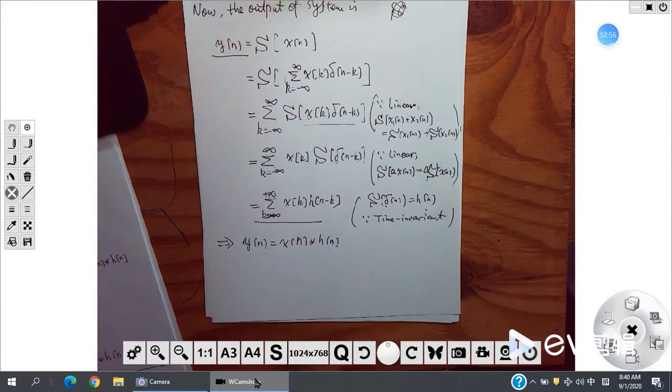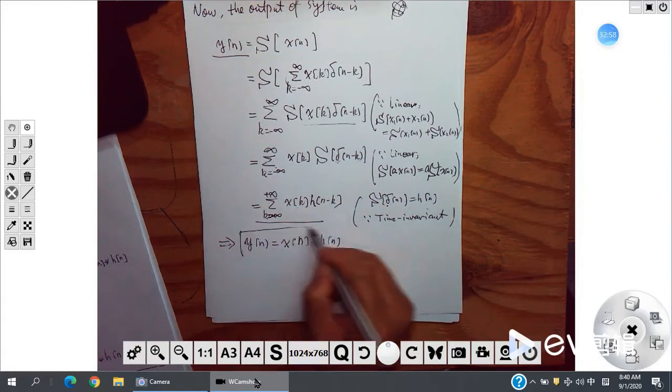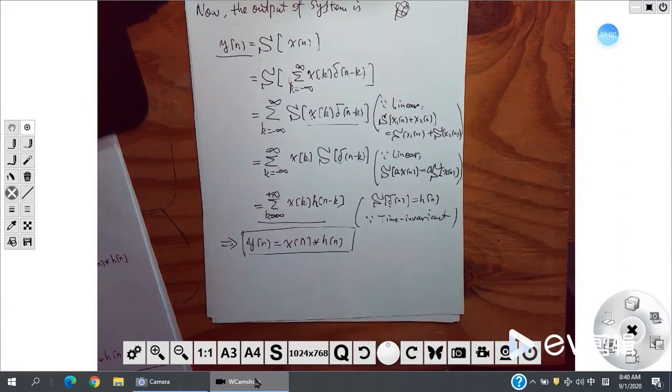So now we have a formula. This is a very good formula.